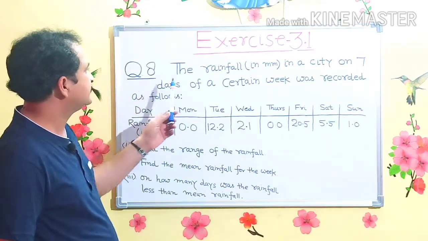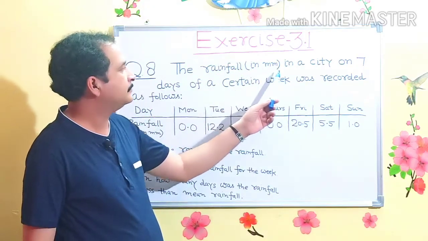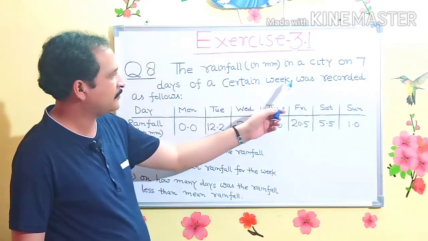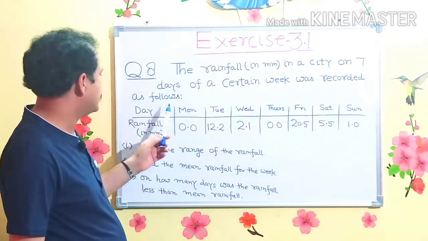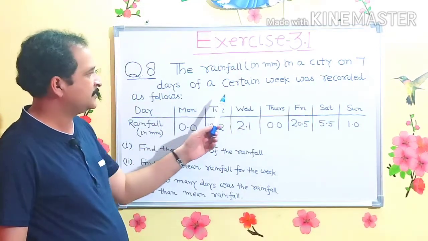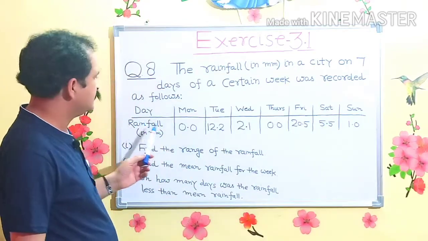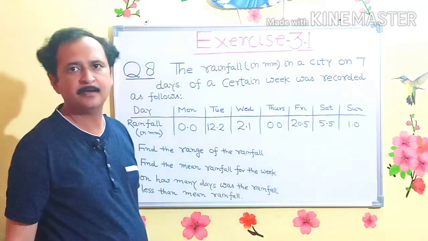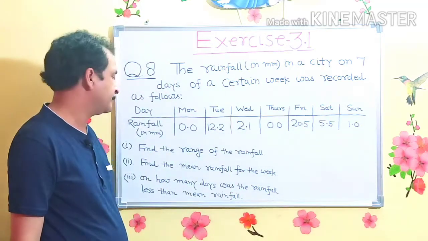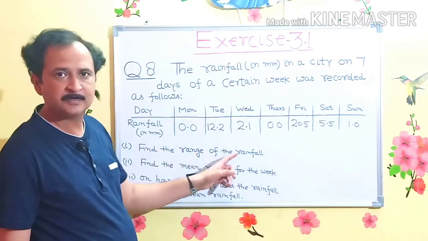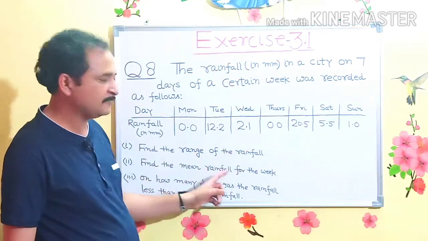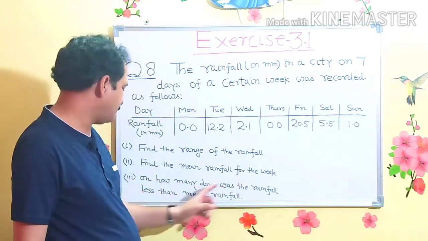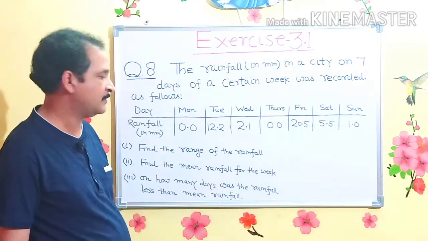Question number 8. The rainfall in mm in a city on 7 days of a certain week was recorded as follows. Day Monday, Tuesday to Sunday, and these are the observations of rainfall in mm in a particular day. Find the range of the rainfall, find the mean rainfall for the week, and on how many days was the rainfall less than mean rainfall.